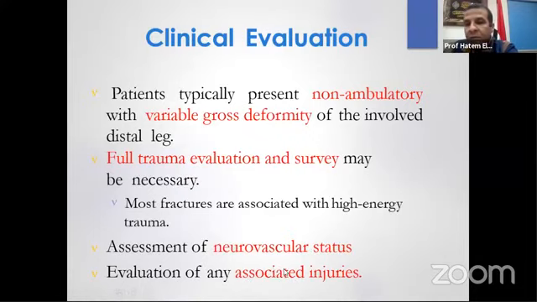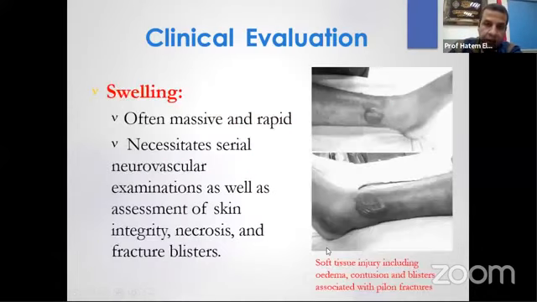It may be associated with fracture of the calcaneus, fracture of the tibial plateau, hip joint fracture and dislocation, spine fracture. Also, the neurovascular status of the leg must be carefully assessed.